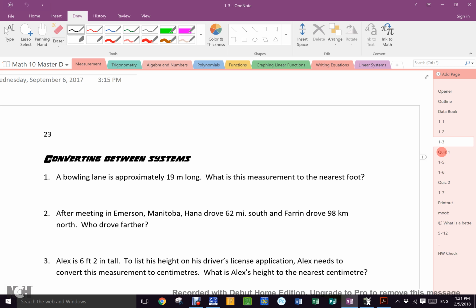SI to imperial and back and forth that way. Now, do you think the method changes? Do you think we're going to do something different? Of course not. Math always makes sense. It's a pattern. It may not make sense to you at the beginning, but it always makes sense because it's always the same thing.